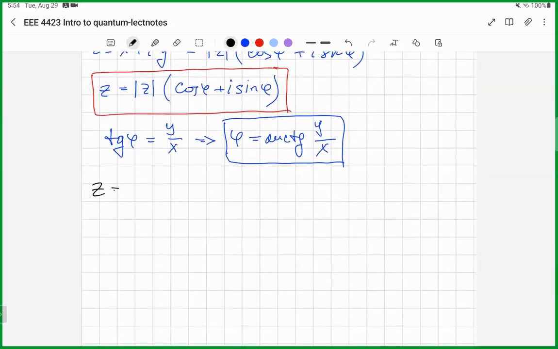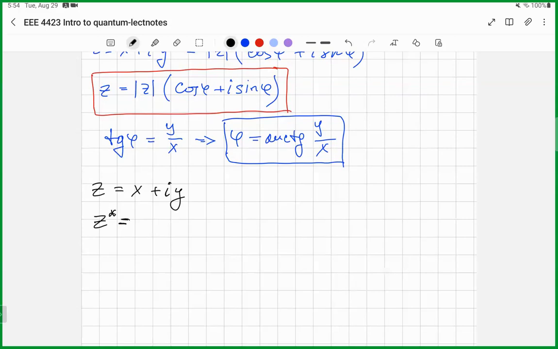So for a given complex number, z equals x plus iy, I can write the complex conjugated counterpart, which is denoted by this star, right?